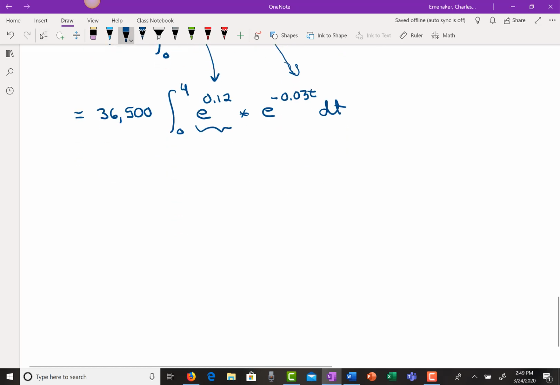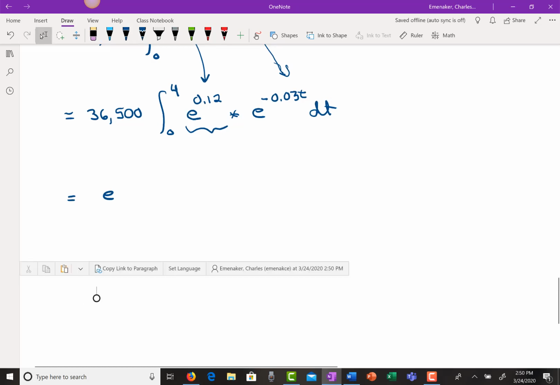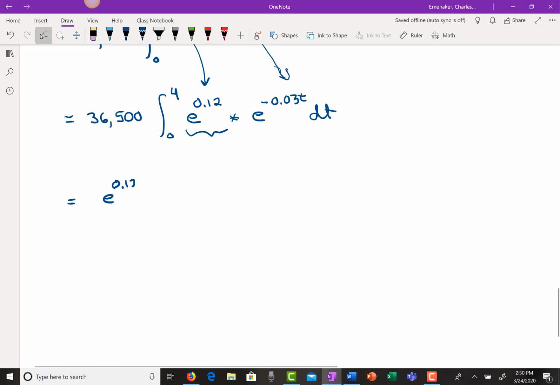Part of this is a number, and the number can be factored out. What we will have here is e to the 0.12 times 36,500 integrated from 0 to 4, e to the negative 0.03t dt.